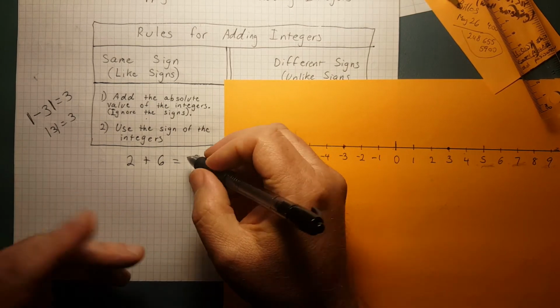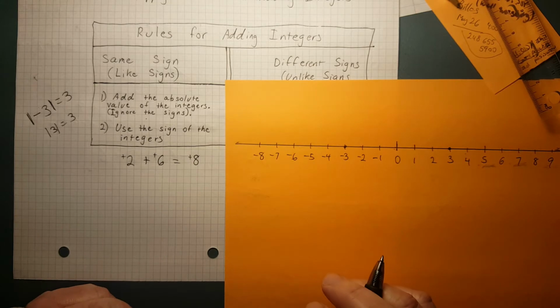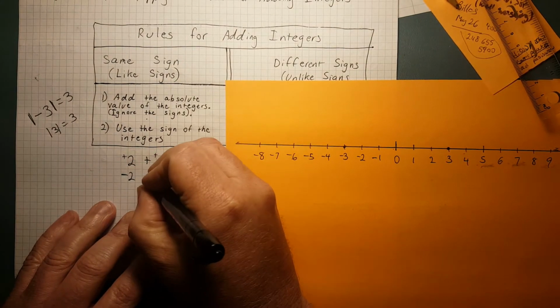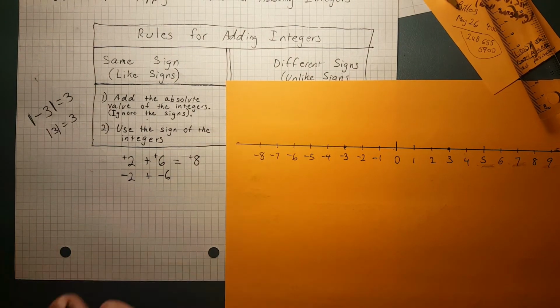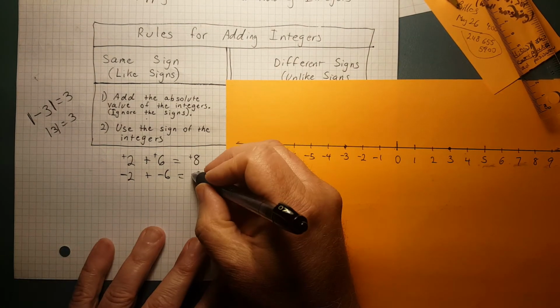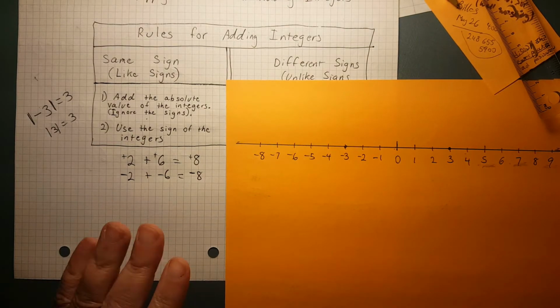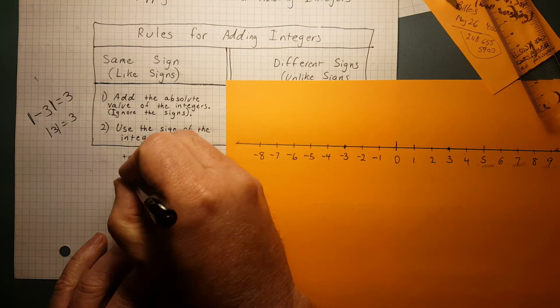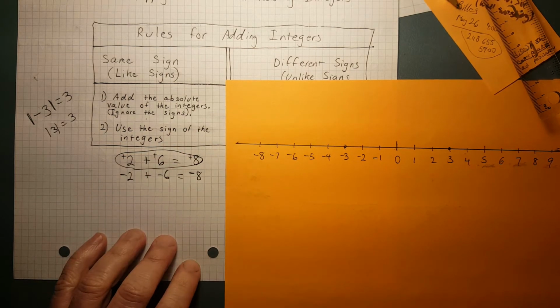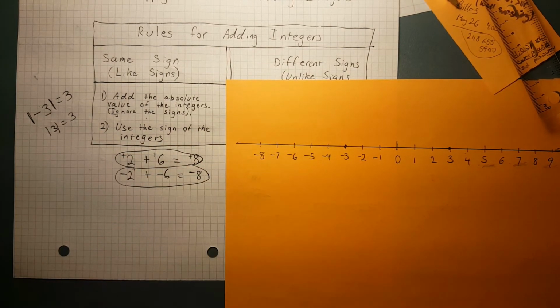They're both positive, so the answer is positive 8. If you had negative 2 plus negative 6, again, ignore the signs. 2 plus 6 is 8. They're both negative, so you'd use the negative sign. That's how easy it is for adding integers with the same sign. This is new, but it's not too hard. You just add them up and use the negative sign.